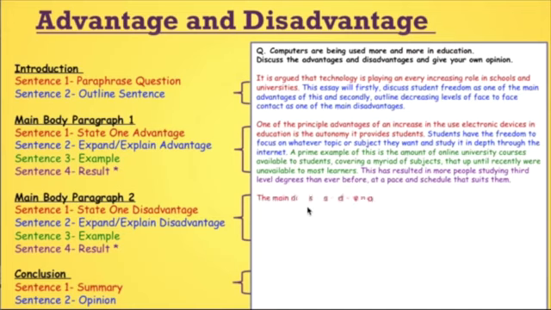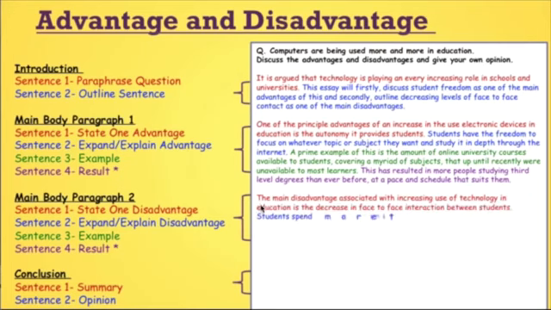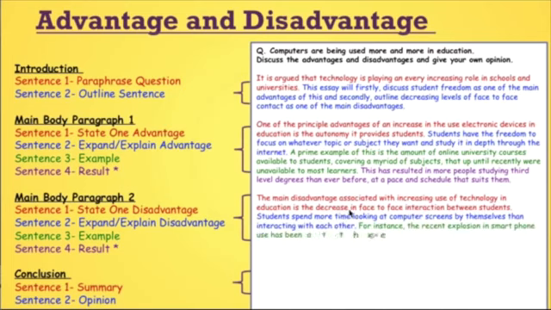Similarly, you have the other paragraph in which you discuss the disadvantage. So the main disadvantage associated with increasing use of technology in education is the decrease in face-to-face interaction between students. Students spend more time looking at computer screens by themselves than interacting with each other.